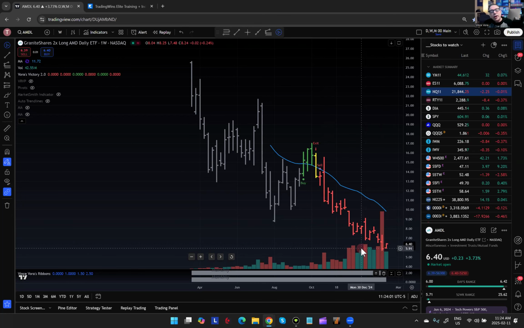But the only way you're going to know that is if price stops going lower. So in other words, if we had this spike and this bar closed more or less where the previous bar closed, for example, or slightly higher, then you could start to think, hey, maybe people are looking at this price point and thinking this is a good valuation. I want to jump in here, and buyers are stepping in.